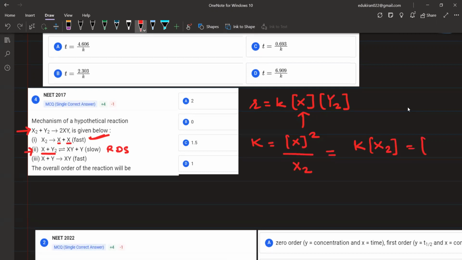This will be equal to X square. Now I can write X is equal to K into the concentration of X2 root. Correct? Any difficulty in calculation? हाँ जी बताइए.